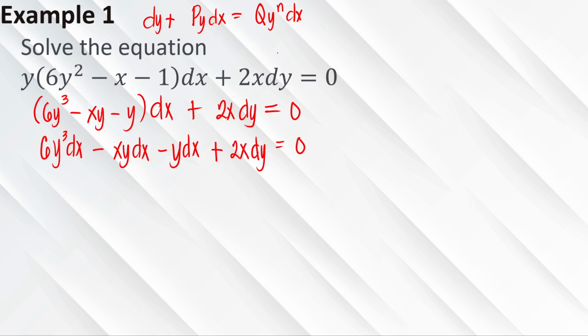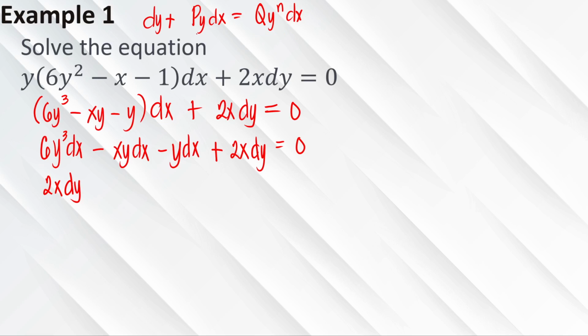So based dito sa standard equation natin, mauuna si dx ay yung may dy. So ang may dy lang dito is yung 2x dy. So ilagay natin si 2x dy dito. And then, yung may y raised to n, nakatabi yung dx, nasa right side siya. Ito, sa Qy raised to n. And obviously, yun yung 6y cubed dx.